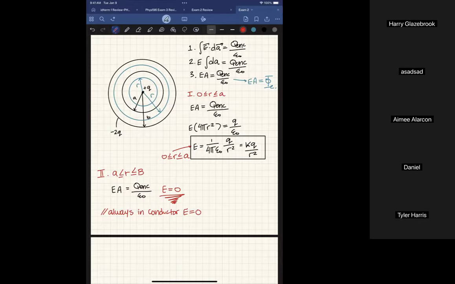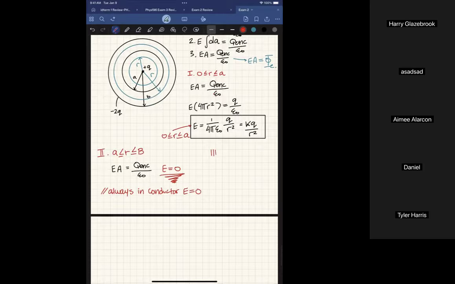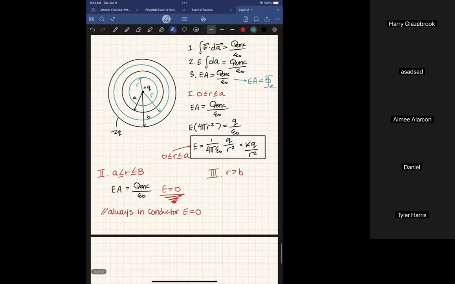All right, last region. That's going to be all radii greater than our outer radius b. So I'm going to draw my imaginary sphere all the way around. Again, it has radius r.